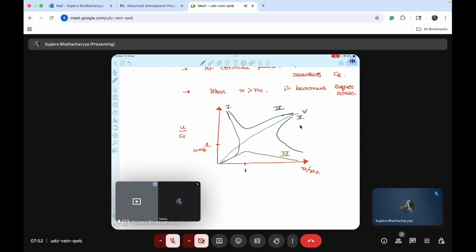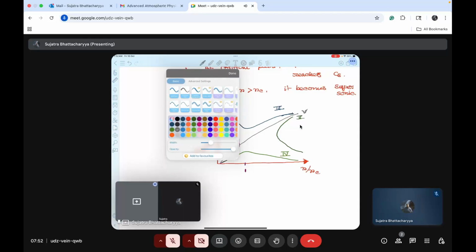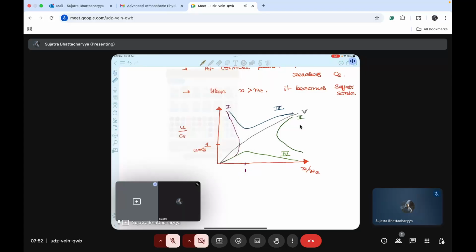And the sixth one is the exponential decay. So this is the sixth. Just a couple of points based on this plot.